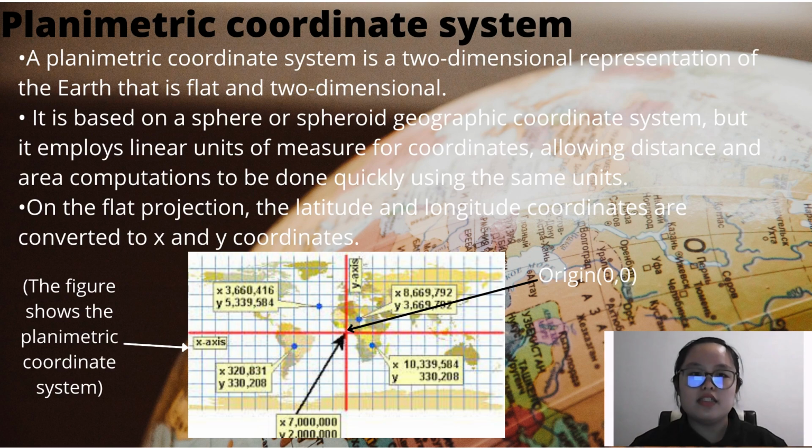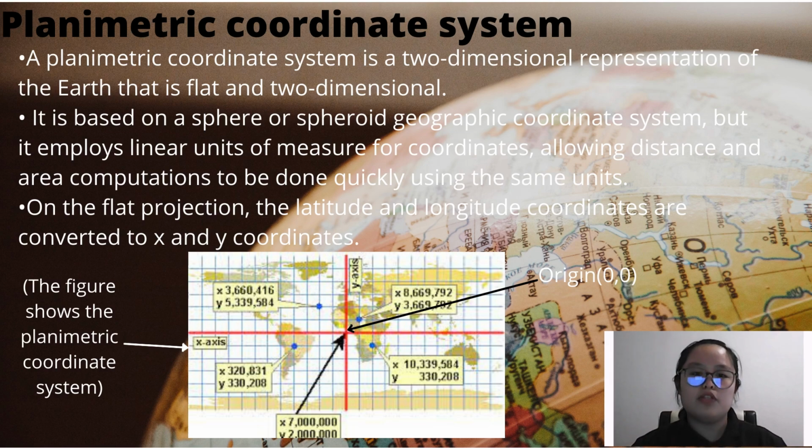Planimetric coordinate system. A planimetric coordinate system is a two-dimensional representation of the Earth that is flat. It's based on a sphere and spheroid geographic coordinate system, but it employs linear units of measure for coordinates, allowing distance and area computation to be done quickly using the same unit.